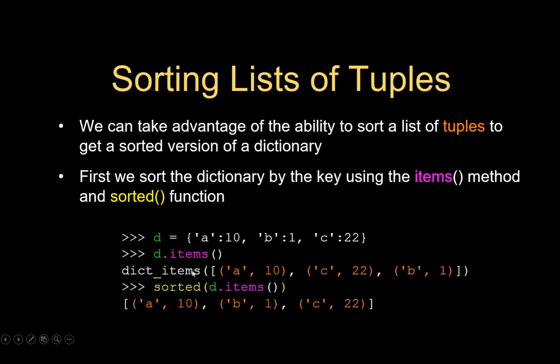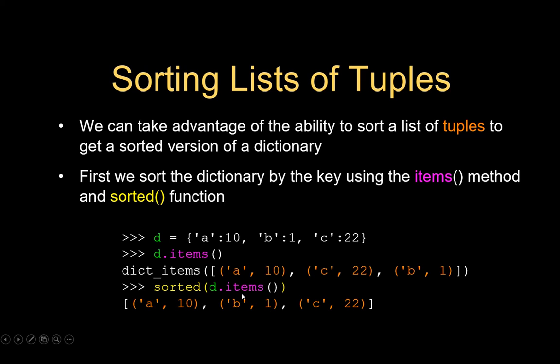When we use the items method, we get the list of tuples, and now we use the sort function on that list of tuples, and it will sort ascending based on alphabetic order. So we're going to have A here, then B here, and then C here.